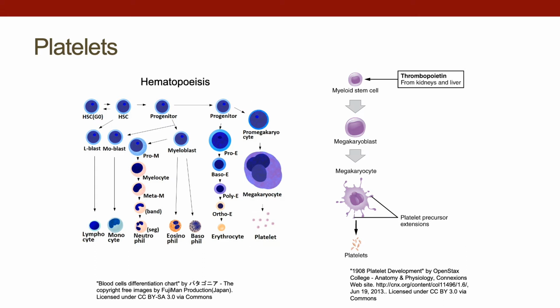On the right-hand side of the slide, then, what we can see is that the platelets are small pieces of the megakaryocyte cytoplasm and membrane that pinch off from those extensions. And they're not complete cells.